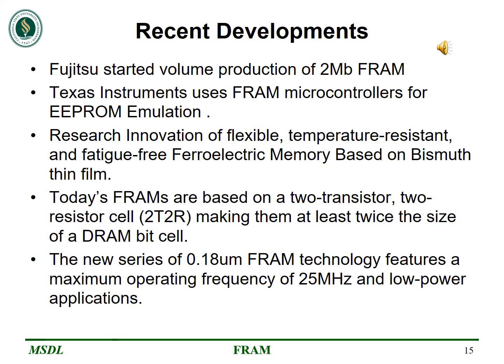FRAM is now manufactured using a 2 transistor, 2 resistor system. So in other terms, the size has been increased. The new development of 0.18 micrometer technology has a faster feature of 25 MHz frequency and low power consumption.